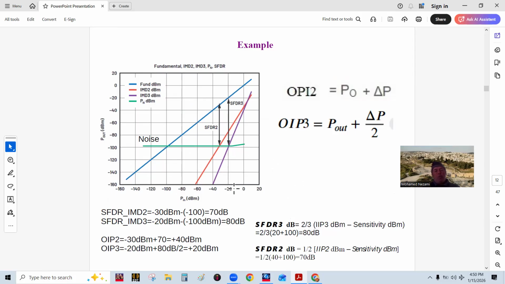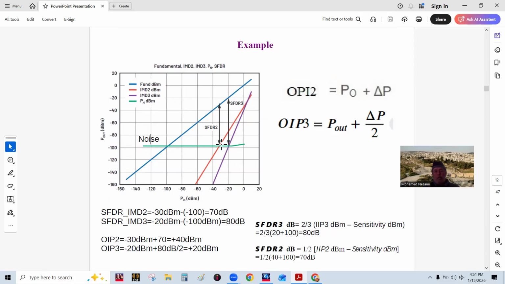So what we do is measure the input versus the output, and it's normalized, meaning minus 100 dBm in gives you minus 100 dBm out. So the gain is taken out of this here, and of course they also measured the second order and third order intermodulations, and they measured the noise floor.